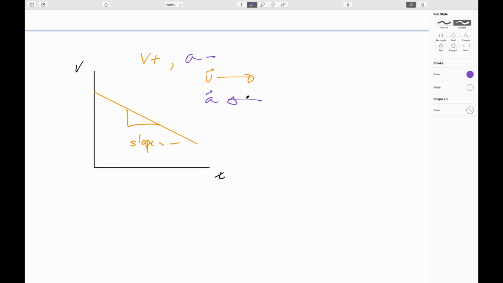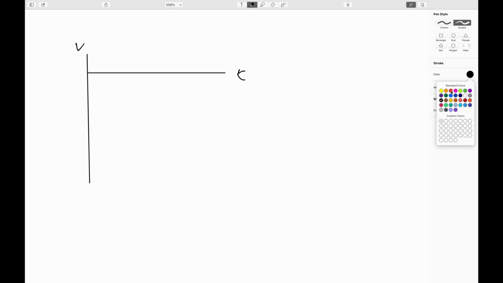Okay, we can do some more of these. Why not? So let's say the value of the velocity were negative, something like that, V versus T. We can have the curve going up like this.